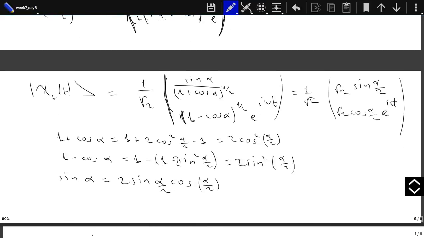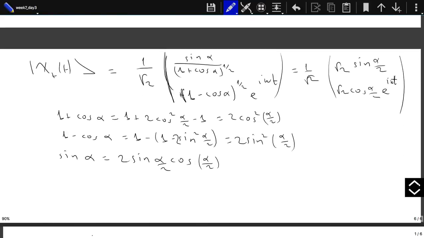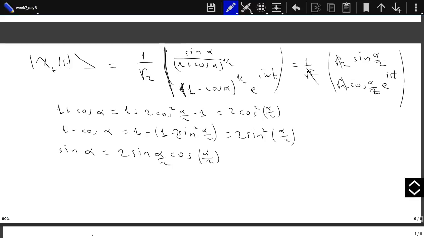So probably here I made some sign mistake, because otherwise it won't be normalized. So let me just take the correct solutions. So the square roots of 2 also cancel.